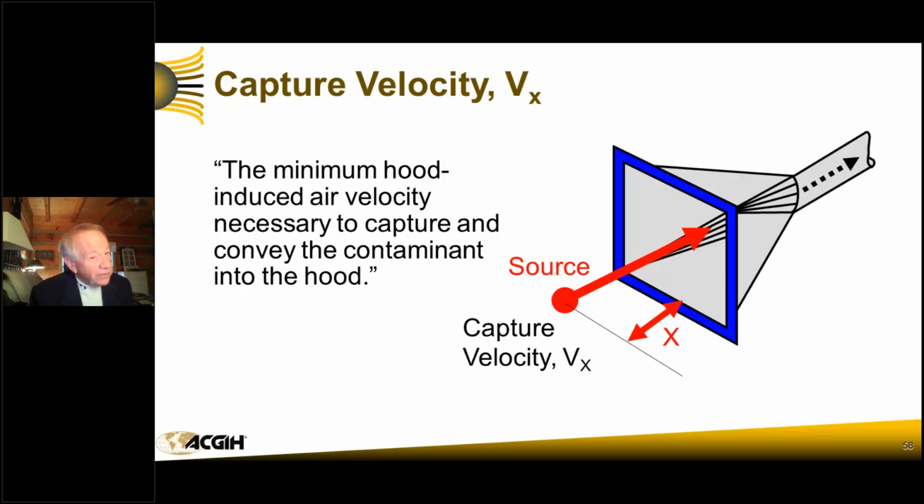Face velocities, yes, but a capture velocity out at 12 inches in front of the duct, there is no ANSI standard, no ASTM, the ventilation manual doesn't recommend it.